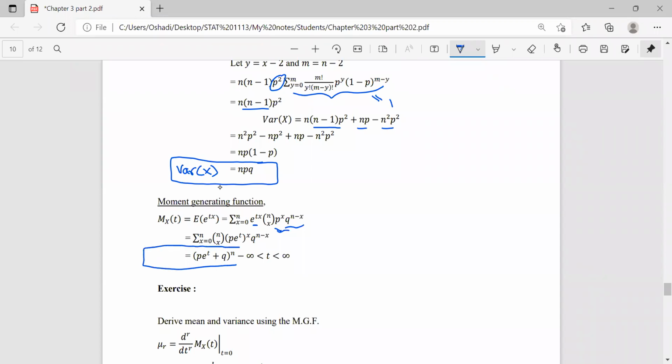So the proof is not necessary to use. So just recall this equation. The moment generating function of the binomial distribution is (p e to the power t plus q), the whole thing to the power n. Moment generating function, right?